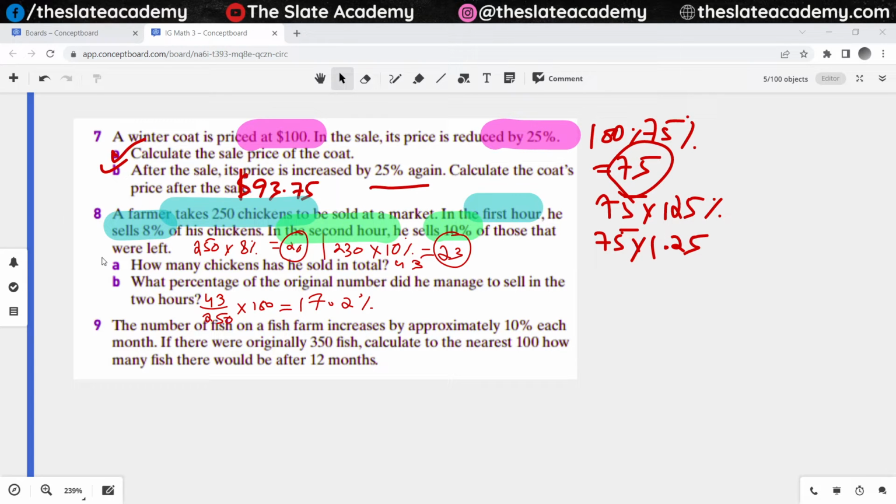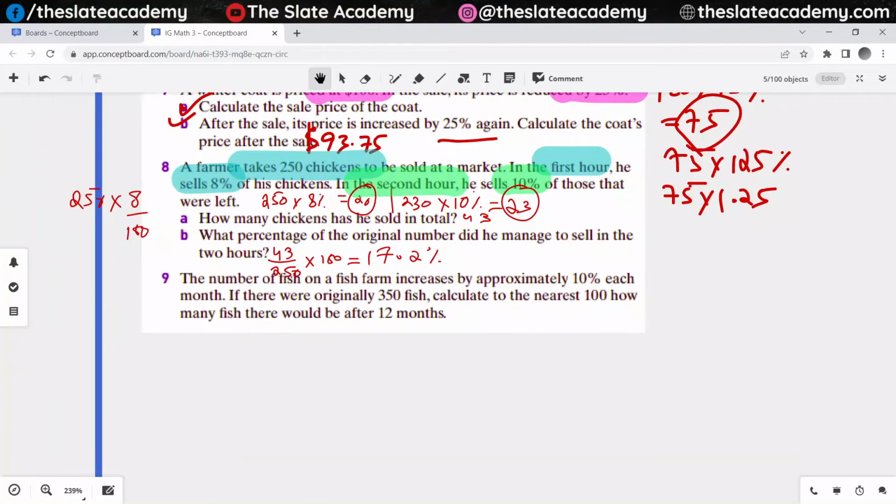Because he sold 8%. So either you do 250 into 8% or you do 250 into 8 by 100. Same thing. 8% is 8 by 100. Listen, did you understand why we did 250 into 8%? How much is 8% of 250?